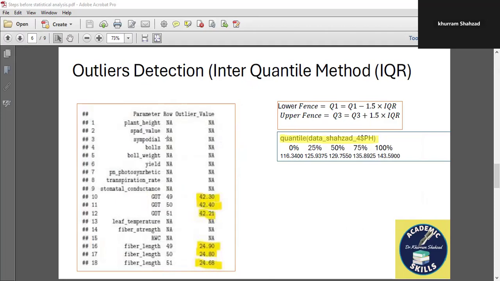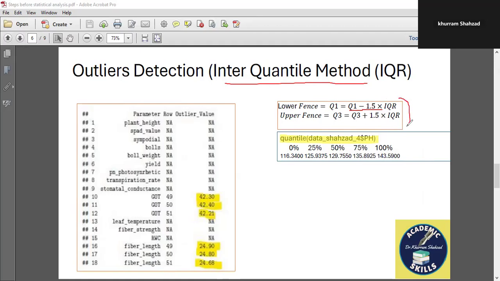And then outliers. You can calculate outliers through different statistical programs, but the simplest is the interquartile method. The lower fence is Q1 minus 1.5 multiplied by the IQR, the interquartile difference, and the upper fence is Q3 plus 1.5 times the IQR.